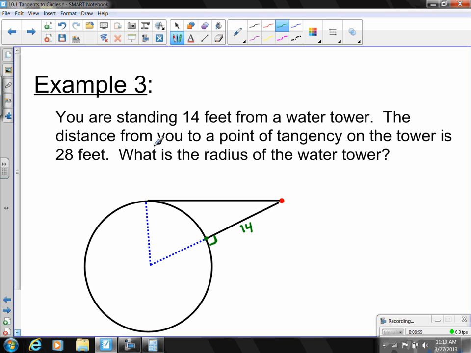The distance from you to a point of tangency, which means that's a right angle, is 28 feet. What is the radius of the water tower? We'll call this X or R, whatever you want. But we're looking for this value. So we can actually use the Pythagorean theorem, but we're going to call this distance 14 plus X.